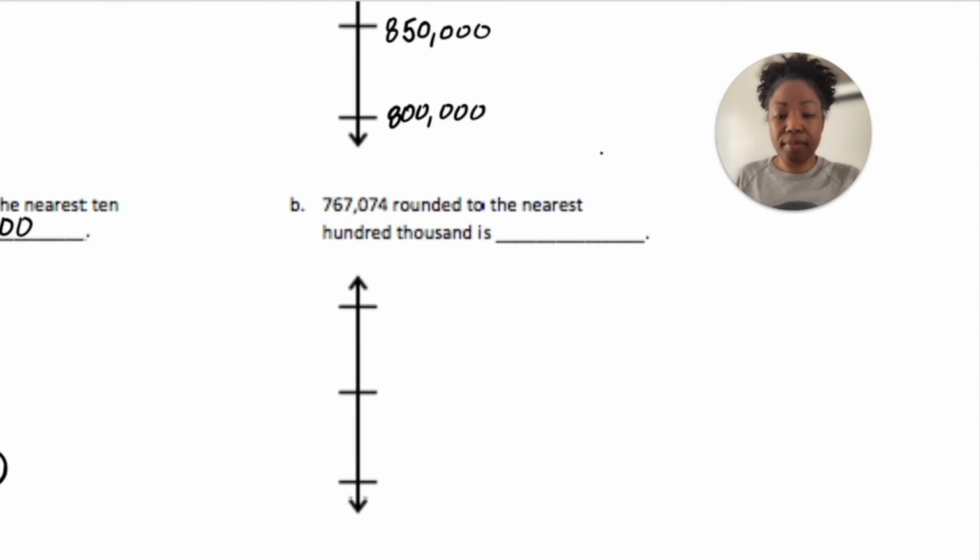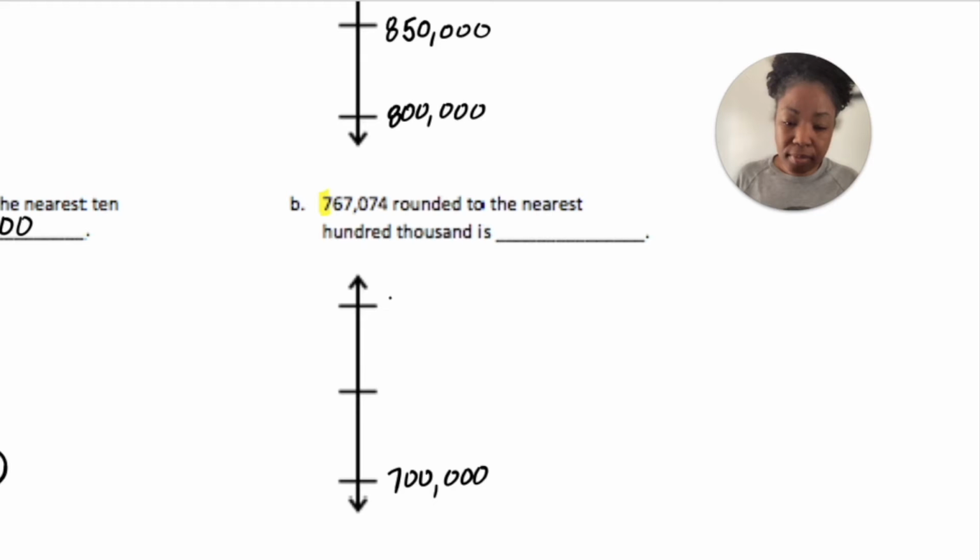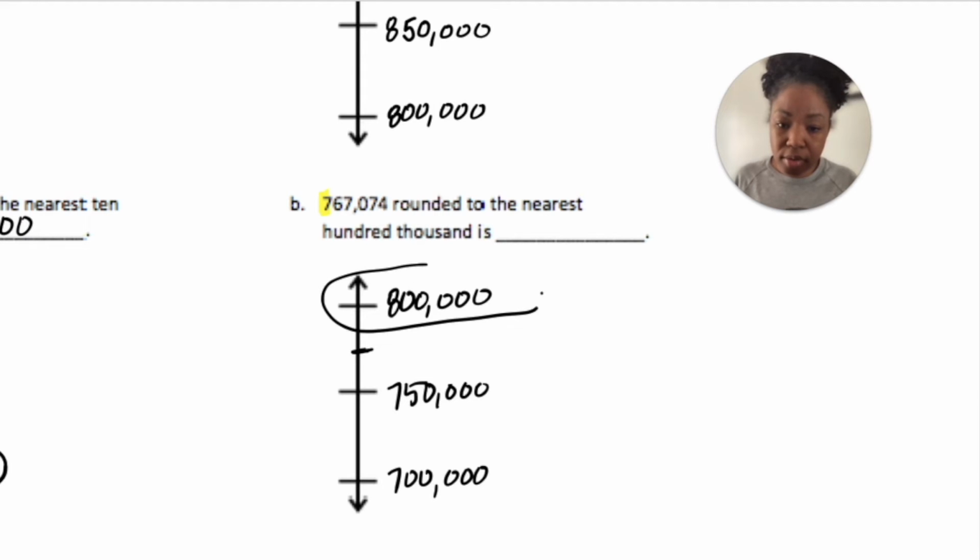For B, we have 700,000. That's the bottom number. One more, 800,000. Halfway, 750,000. This is 760. That's more. We round up to 800,000.